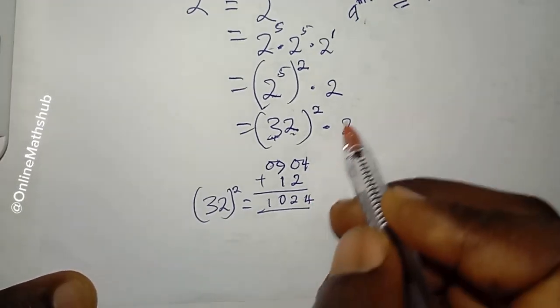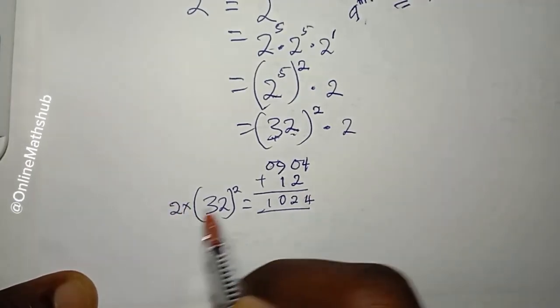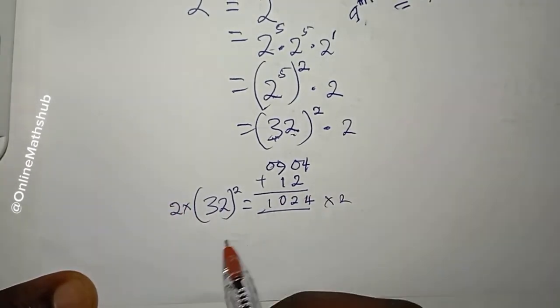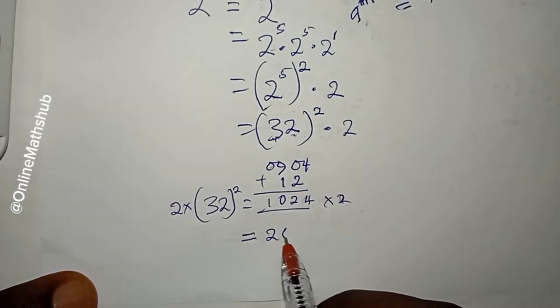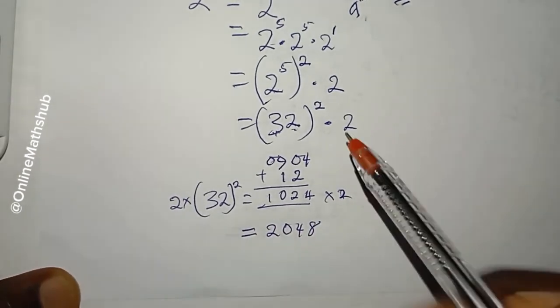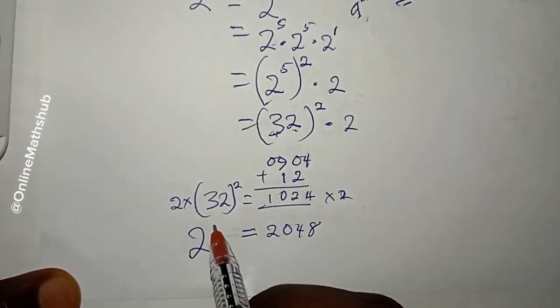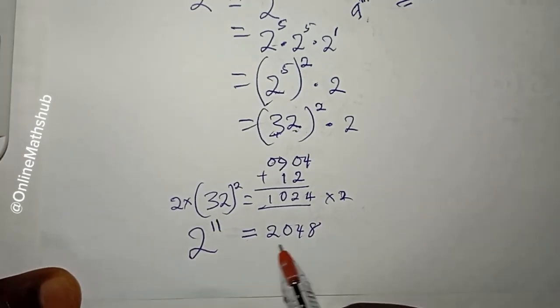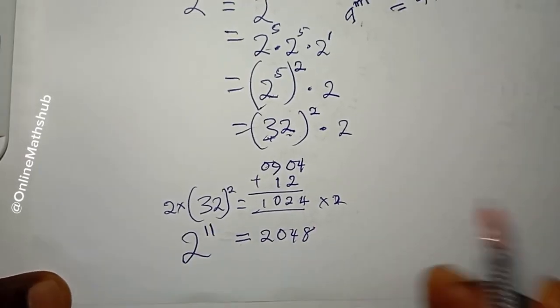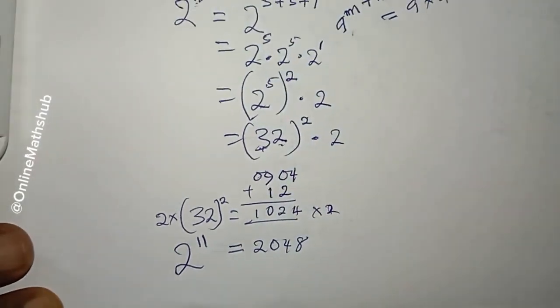If we now multiply by 2, we're going to have 2048. So we've gotten that 2 power 11 is equal to 2048, and we can now substitute it in our question.